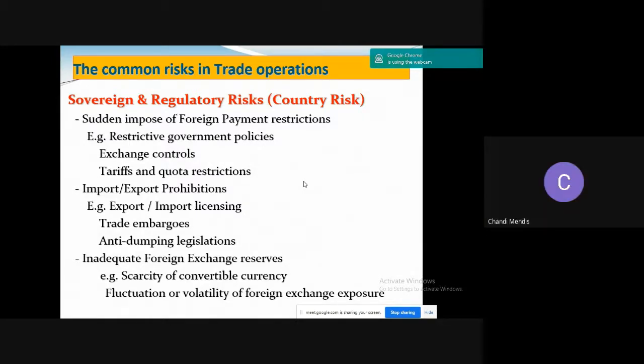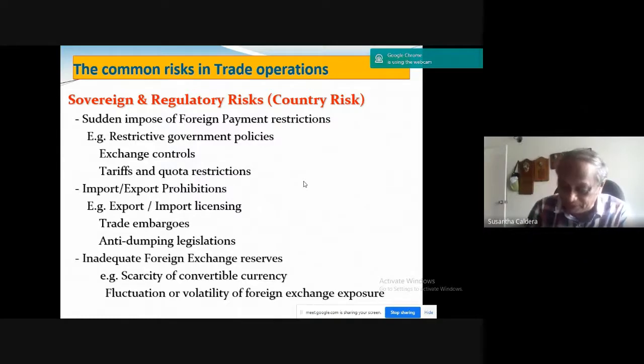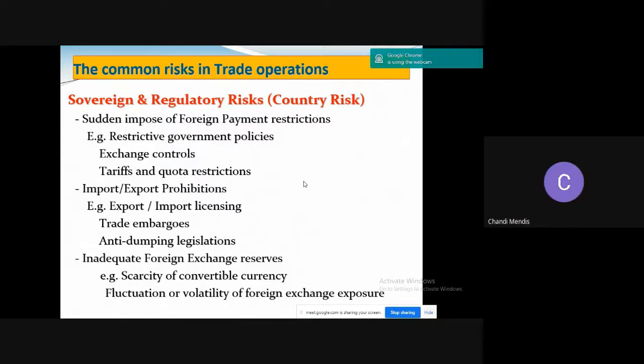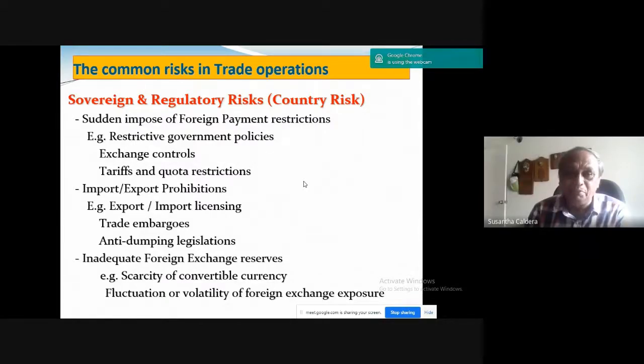Tell me, I like this conversation. I didn't understand trade embargoes. What do you mean by trade embargoes? Can we do trading with North Korea?